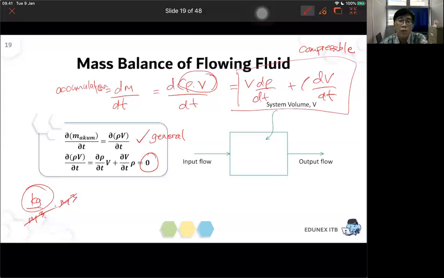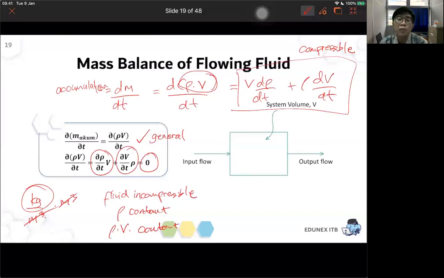But for now, we consider first that the fluid is incompressible, so density is constant. So density times volume, which equals mass, is constant. Later, when Pak Anggit gives a lecture about compressible fluid, we will consider the changing of volume and density.